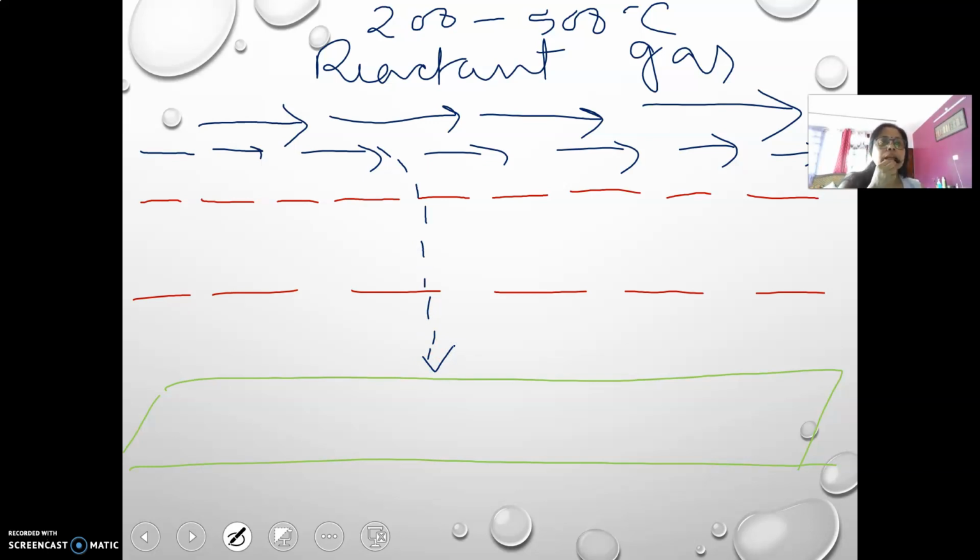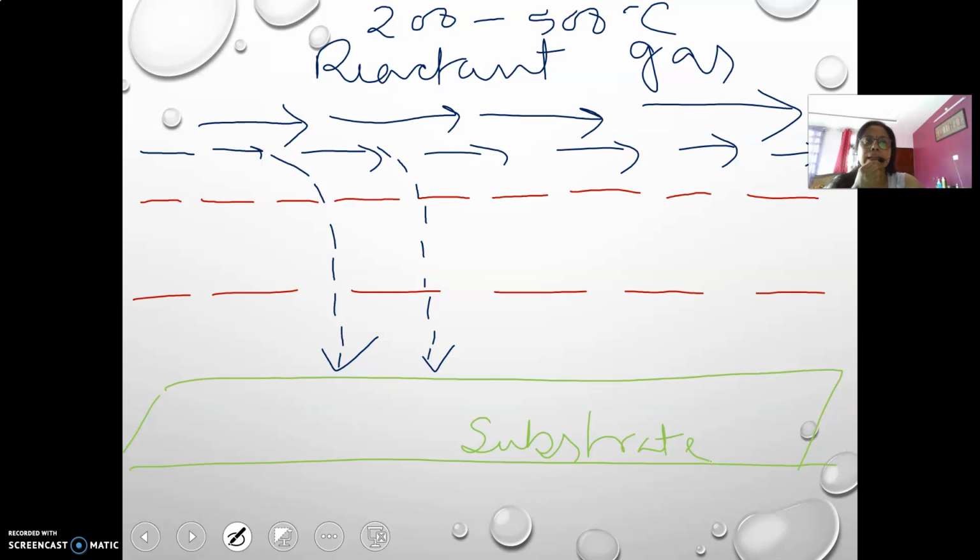If they get diffused through the boundary wall, then we may assume that there may be some reaction with the molecules present on the substrate, the surface where we want to get the coating.